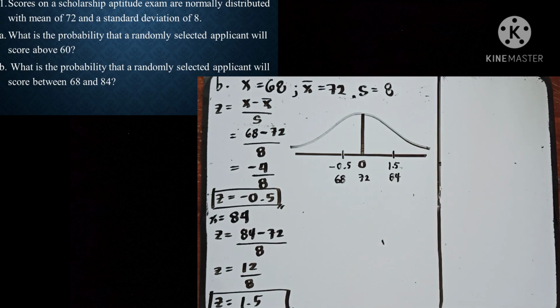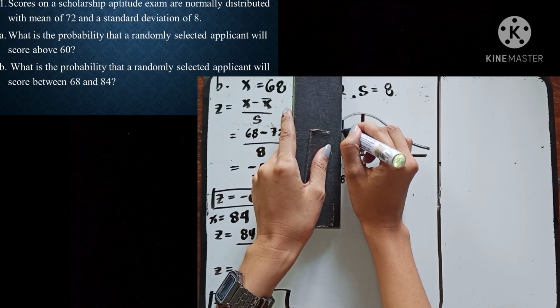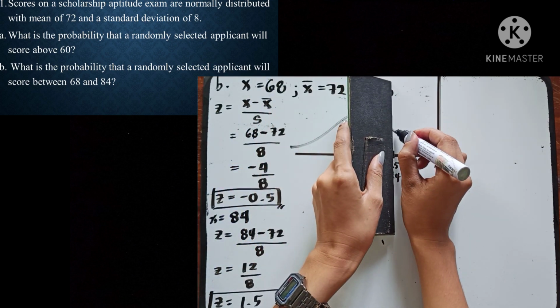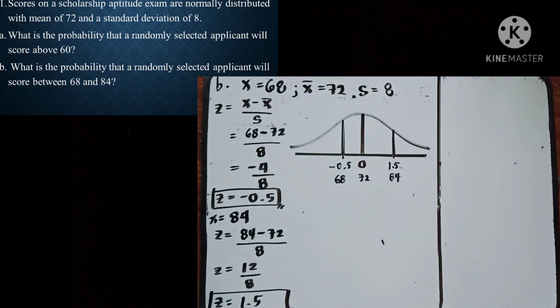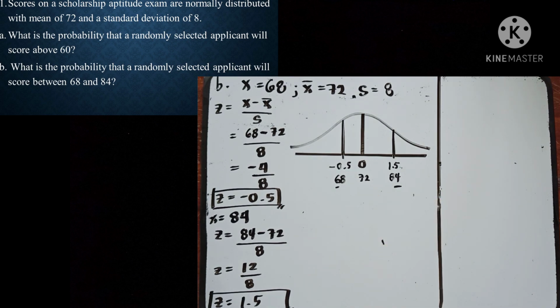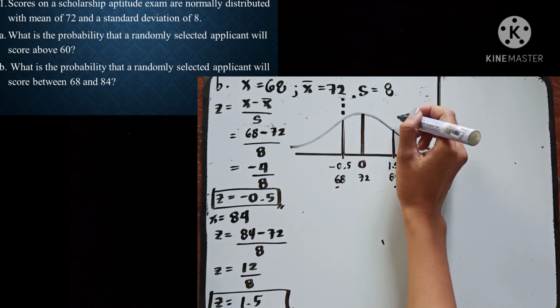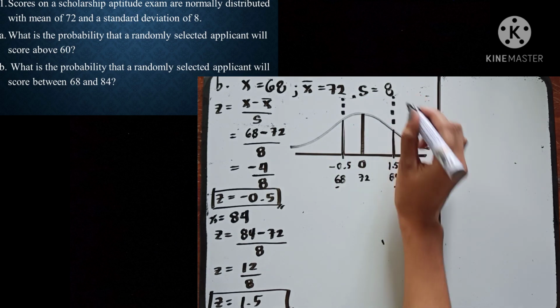Okay? So, next, analyze na mabuti. Ang hinahanap natin is the probability na yung score is between 68 and 84. So, ibig sabihin, from 68 hanggang 84.